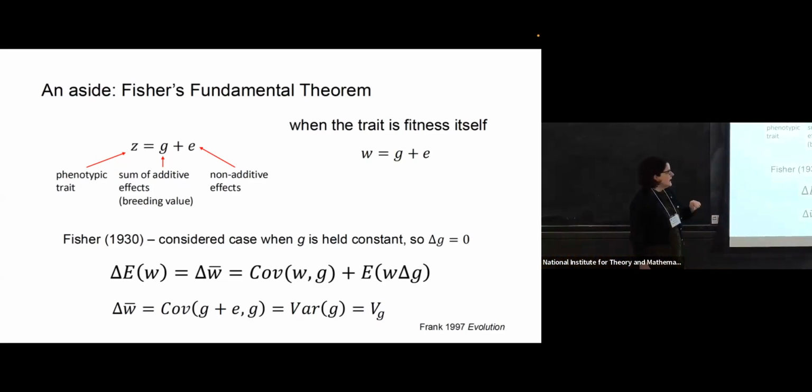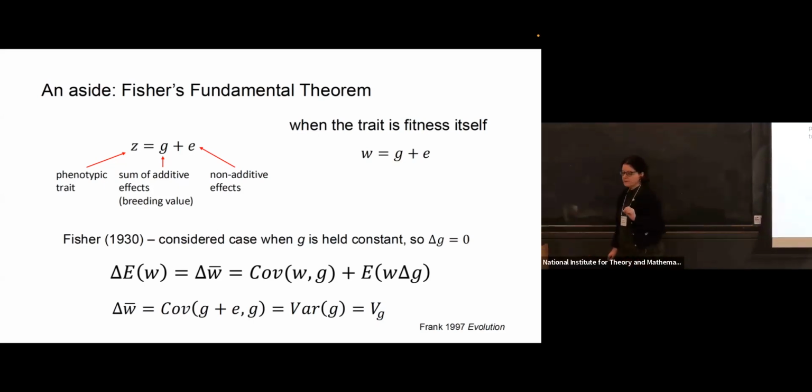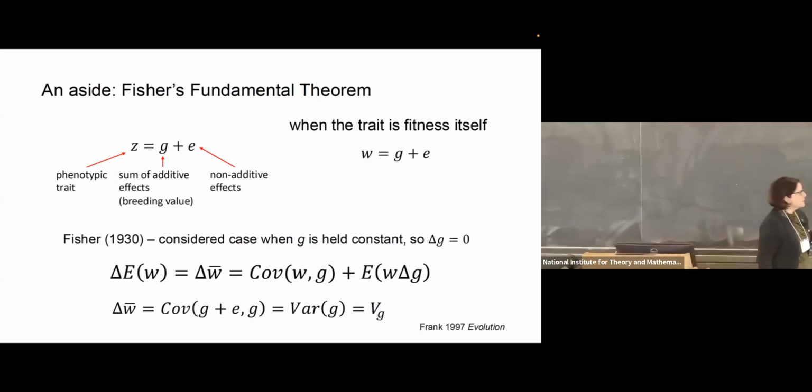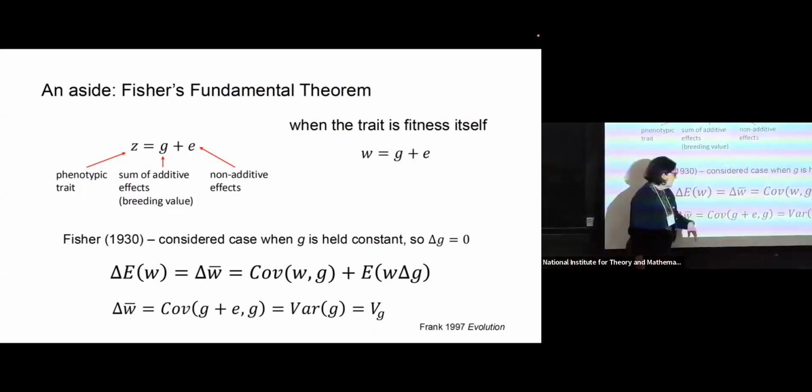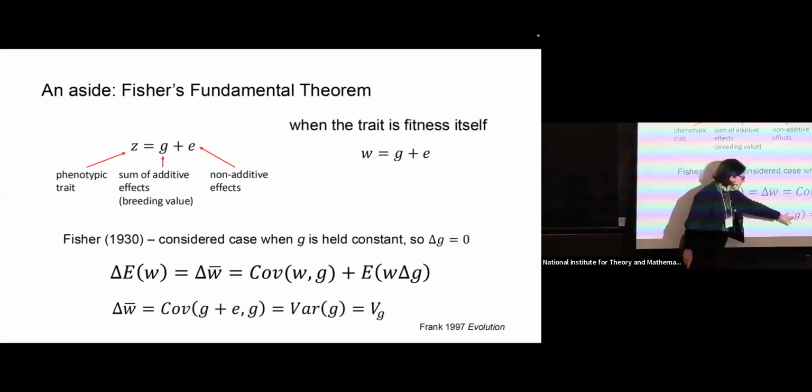He was considering the case where G is held constant, so that transmission term, delta G, is 0. And then we can just focus on the covariance and just focus on the additive bit, because this is not going to covary the way we've set it up with G.